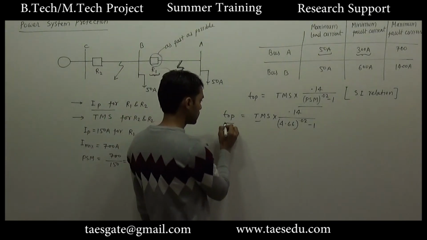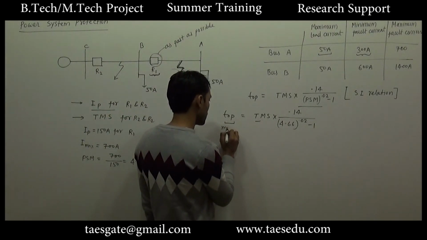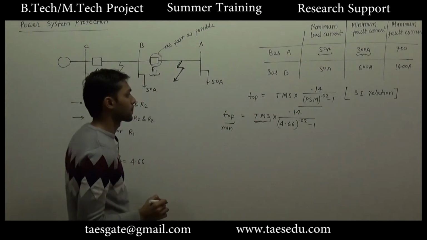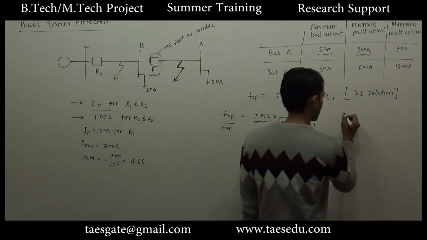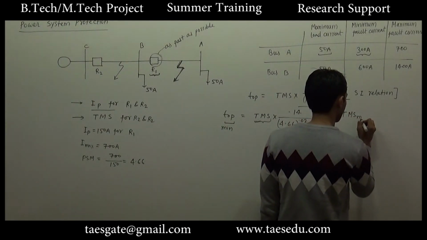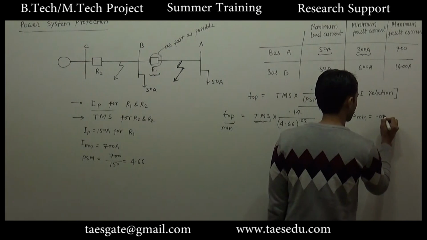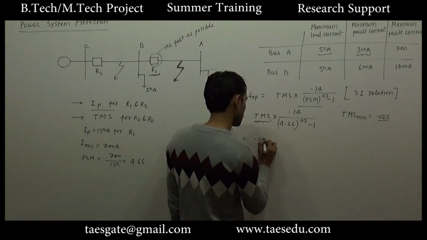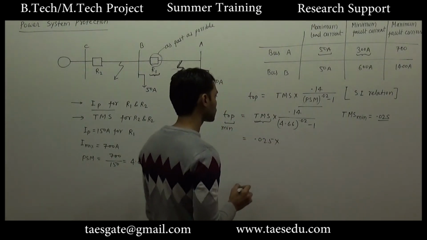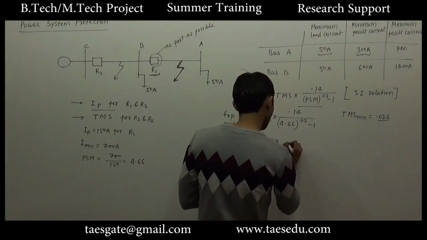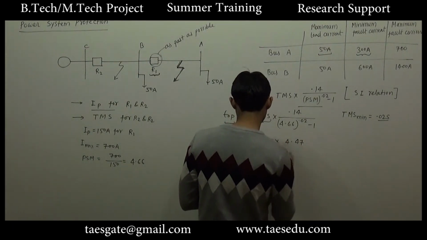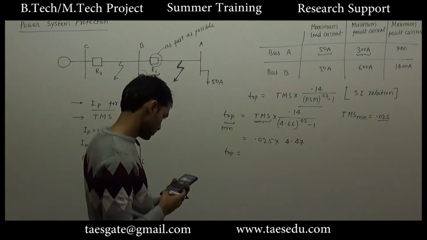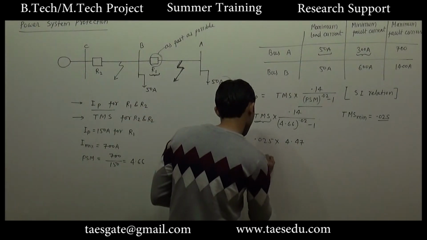So the time of operation should be minimum, so we have to choose the minimum value of time multiplier setting, and the minimum value is 0.025. So we'll use 0.025 into 4.47. So the time of operation is 0.11 second.